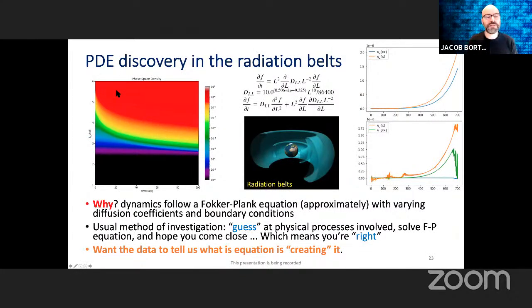Here's a simulation of phase space density. This is just the radiation belts relaxing as a function of L shell and time. These were the equations that were used to model the system. And these were the leading terms. U sub x and U sub xx are df by dL and d squared f by dL squared. These terms, this term and this term. This is what drove the system. What we've done is we've taken the simulation and we kind of messed it up a little bit.